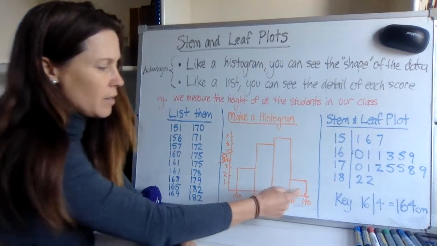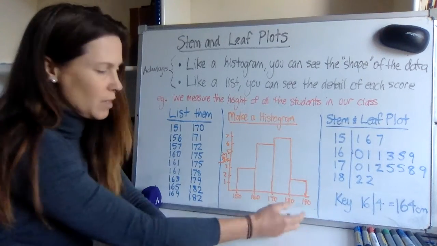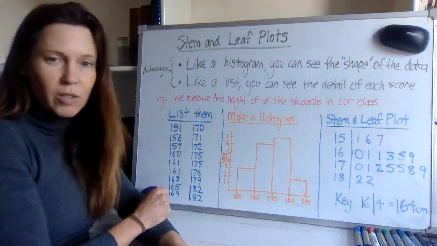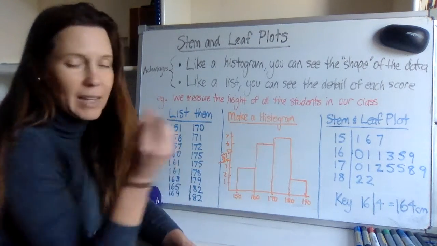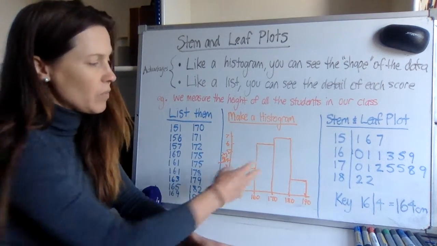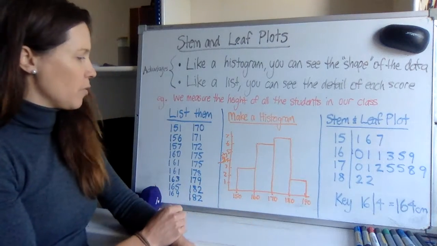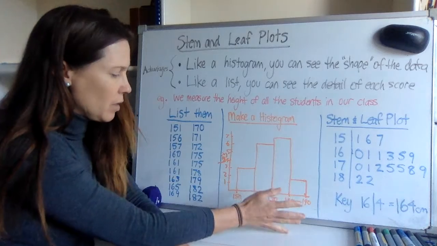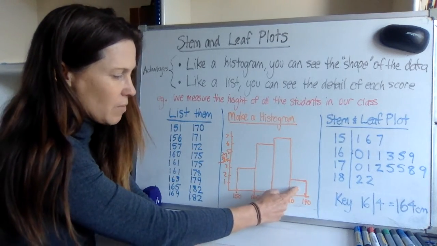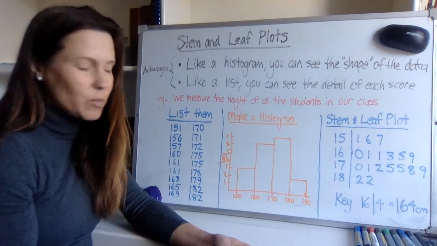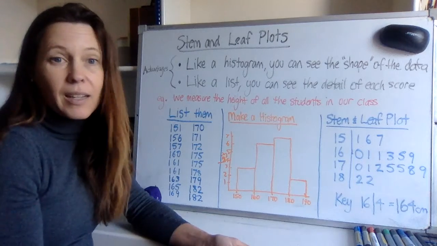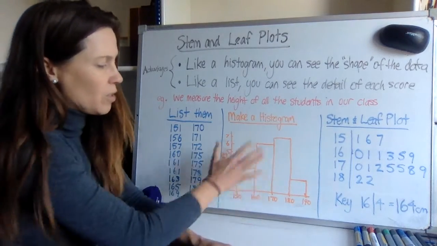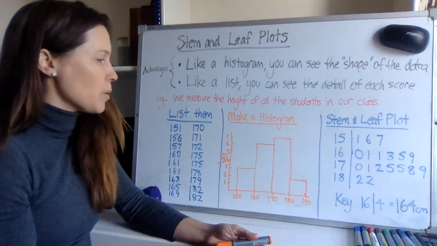And I can see that this is the least common height to be, these tall people, or perhaps these shorter people, and I can at a glance really quickly and easily tell what's a kind of normal height for people in the class. The disadvantage of this though is I've lost the detail. These two people that are 180 something, were they 180 exactly? Were they 189? I can't tell, and so my snapshot is great, but my detail is hopeless.